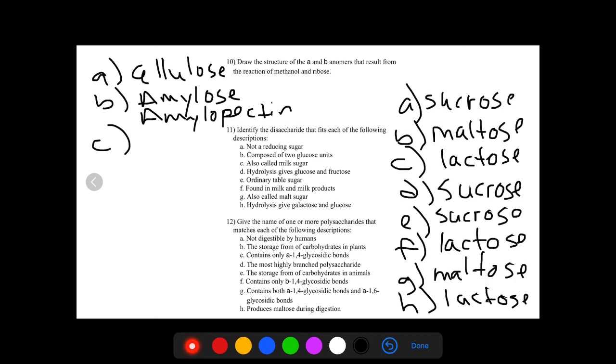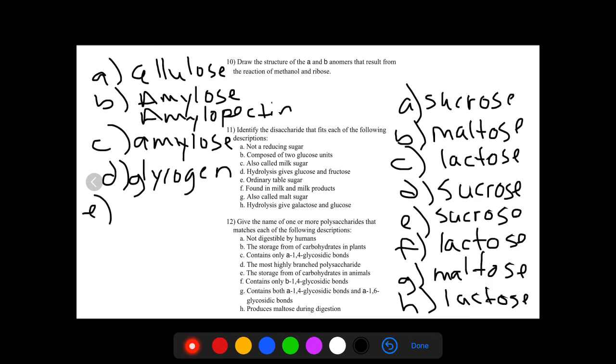That's going to be amylose. And then D, the most highly branched polysaccharide, that's glycogen. E, storage form of carbohydrates in animals, also glycogen.